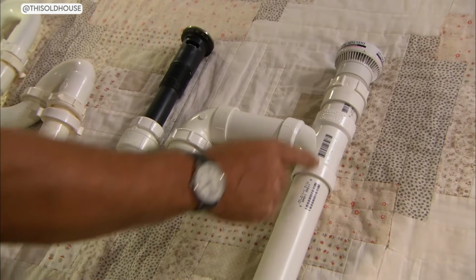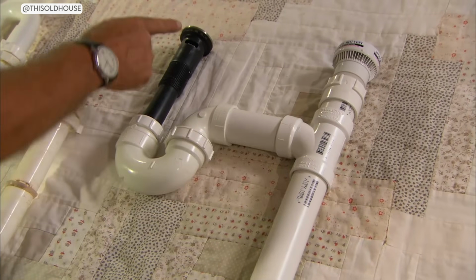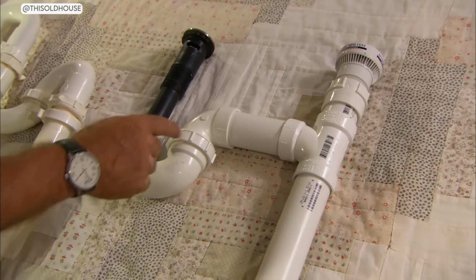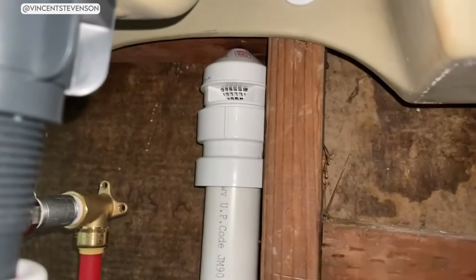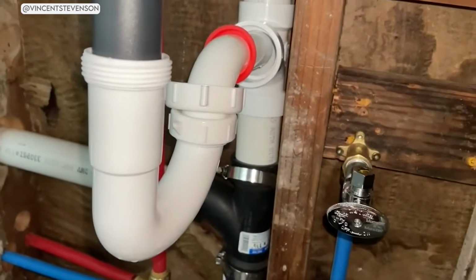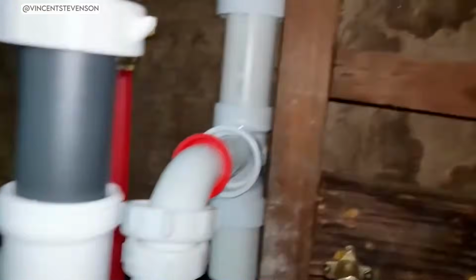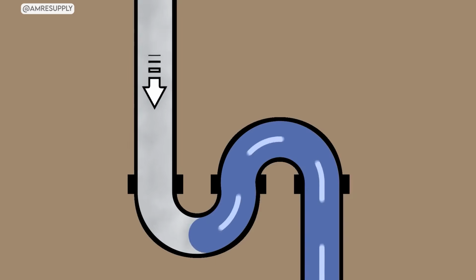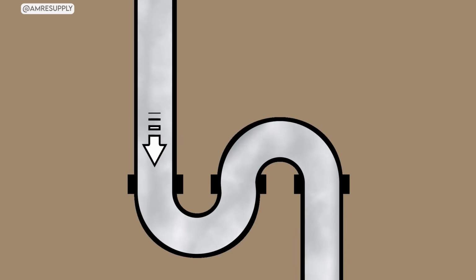I have walked into homes where people thought they were dealing with allergies or mold, and the real culprit turned out to be a dry trap seal from an old S-trap that had quietly siphoned itself empty months earlier.